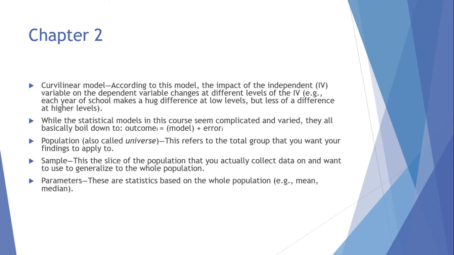But still, it's important to talk about parameters because it helps our understanding to engage in this theoretical discussion. So parameters, when we use that term, that just means a statistic like a mean that would apply to the whole population. So if we, for example, take the mean age of Americans, right?